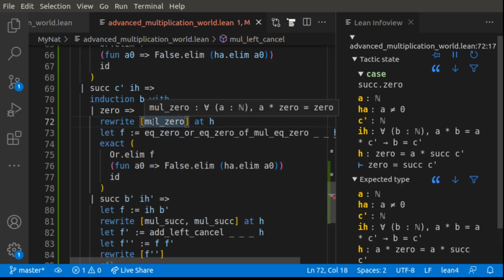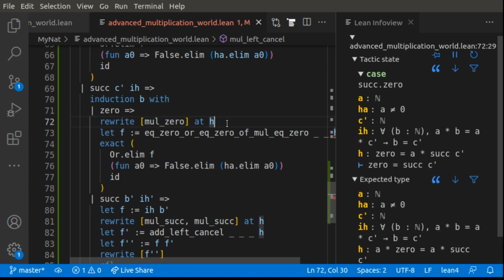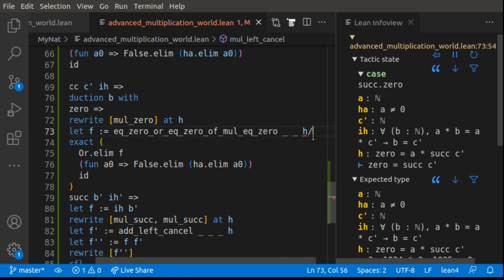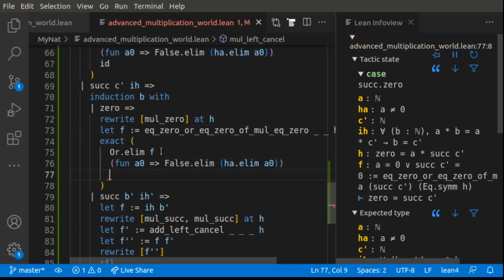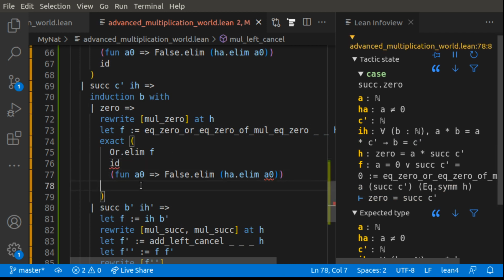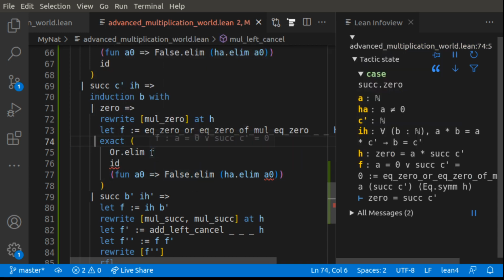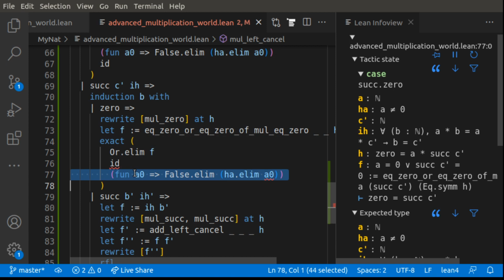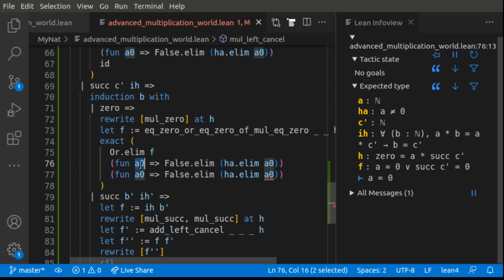Okay, let's mul 0. Okay, h is this. Does mul 0 do anything? Okay, can I do h dot symm? Dot symmetric. Then okay, yeah, that makes sense. This will be ID. Okay, what is f now? A equals 0 or successor of C prime equals 0. Or dot elimination f. In this case, what is this?